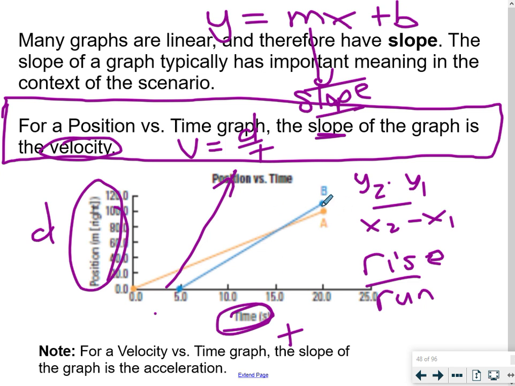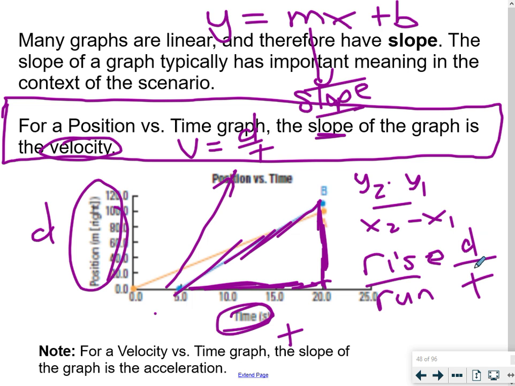If we were to find the rise amount and the run amount and make a triangle out of it, like you probably did in a math class at some point, well, the rise is your distance and the run is your time. Isn't d over t a velocity? So, long story short, if you remember how to do slope from grade 10, we can actually calculate some values by looking at a graph. And that's what I want to do over the next few slides.